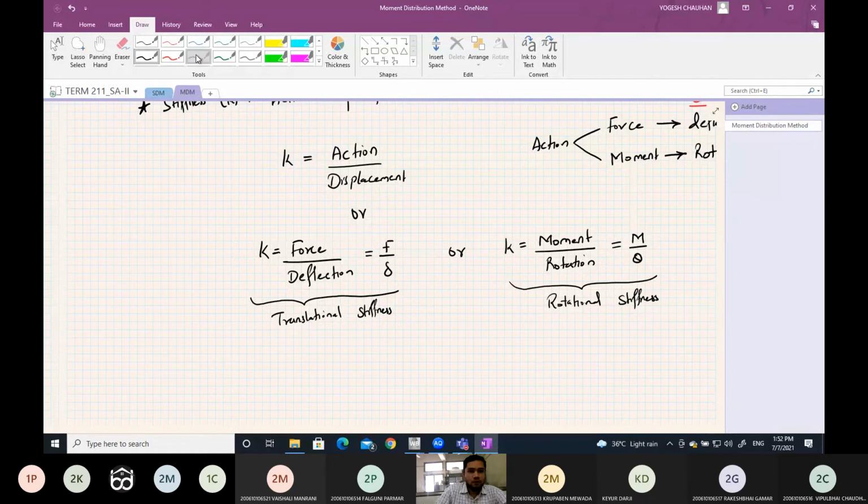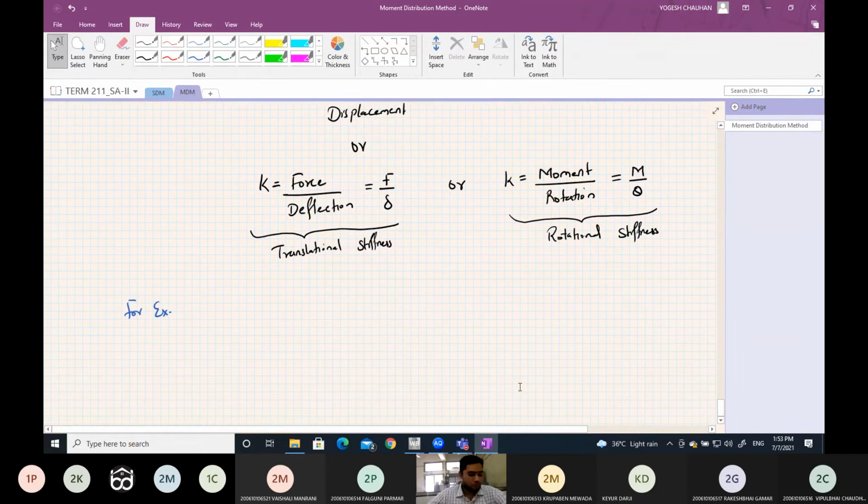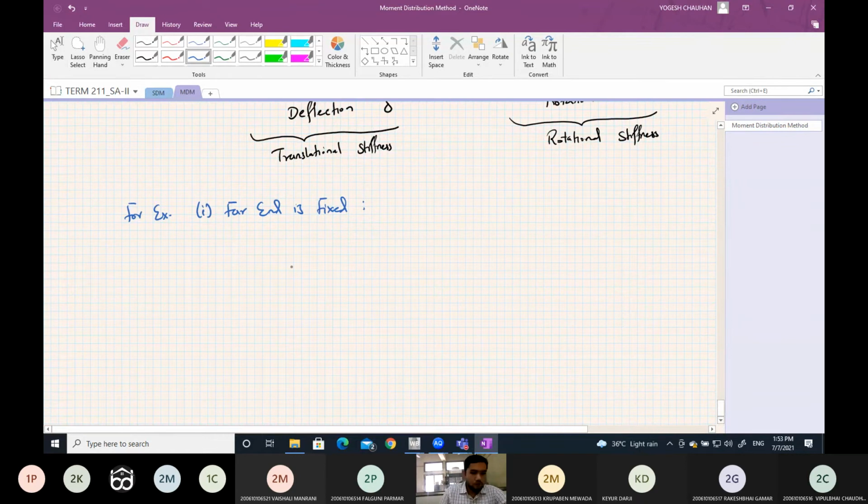So now, for example, when far end is fixed, K is M by theta.